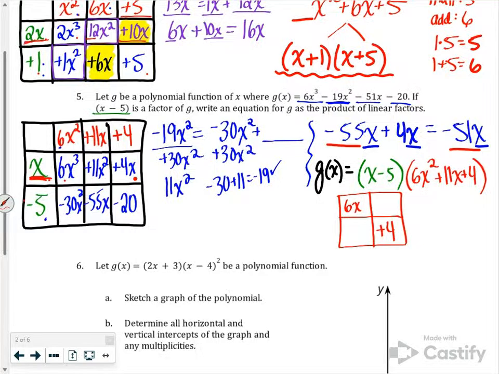This has to be a 6x squared. And when I start thinking of 6x squared, I start thinking of 2x and 3x. Now we could try 1x and 6x, but after many attempts and many tries, 2x and 3x are going to be what we're looking for. So right now, we want to try and figure out a way to make a positive 4.